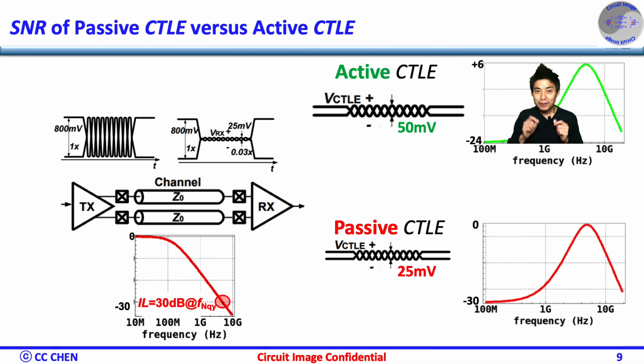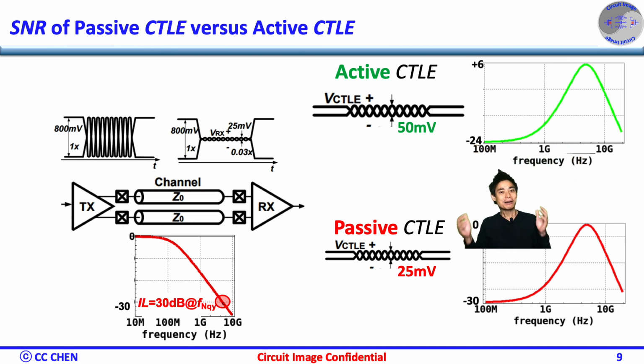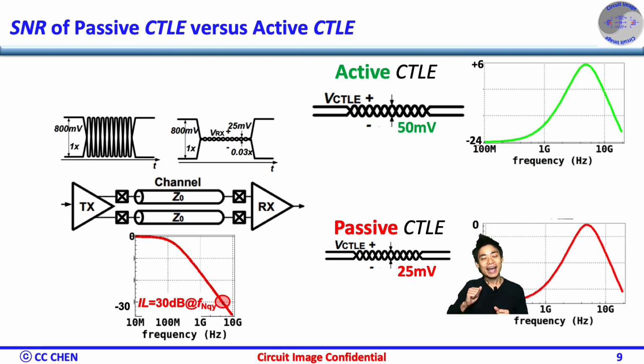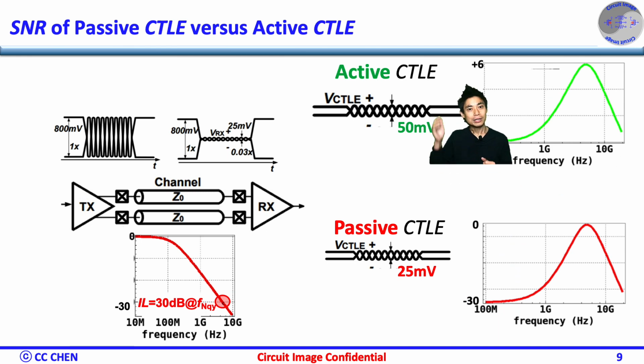Therefore, after perfect equalization, you can see that both the long run pattern and the D10.2 pattern at the passive CTLE output are still 25 mV. But both the long run pattern and the D10.2 pattern at the active CTLE output are 50 mV. The reason the active CTLE could have twice the eye height of the passive CTLE is owing to its 6 dB gain at the Nyquist rate, such that the D10.2 pattern is multiplied by 2 to be 50 mV.